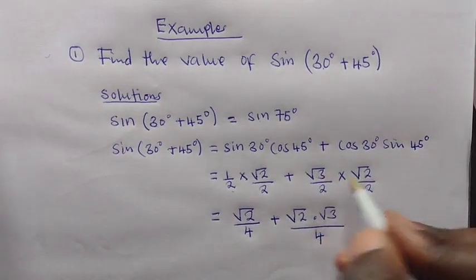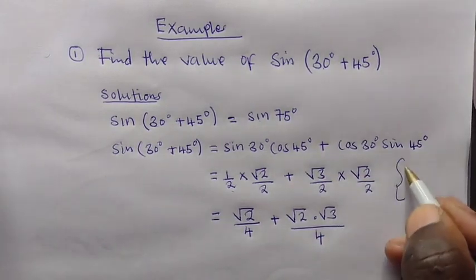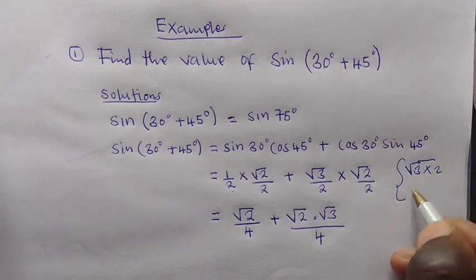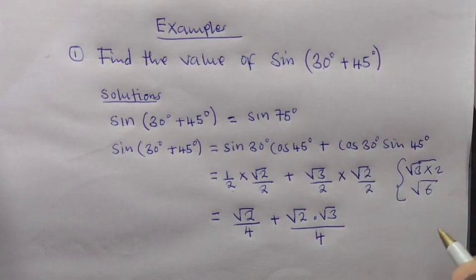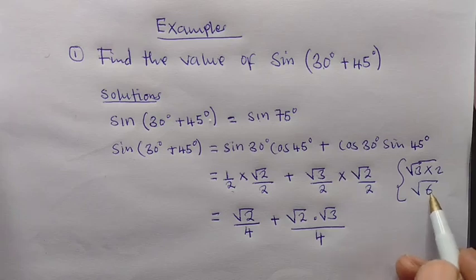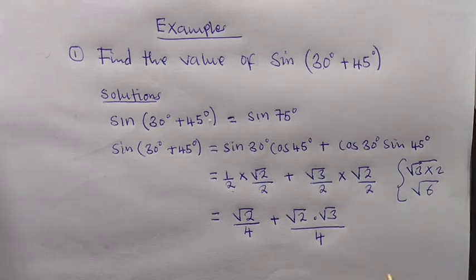If you want, you can multiply the roots, so root of 3 times root of 2 gives root of 6. It's fine. But this root of 6, I can't break it to come up with a perfect square so that I remain with a whole number. That's why I've taken root of 2 times root of 3. I hope it's clear.